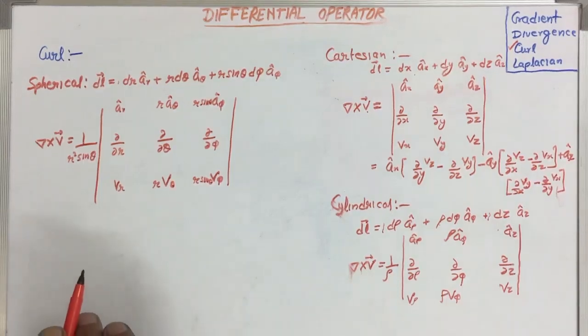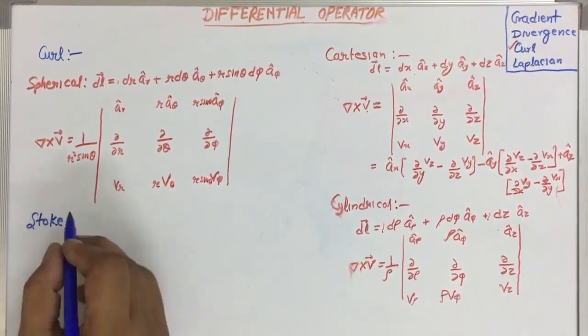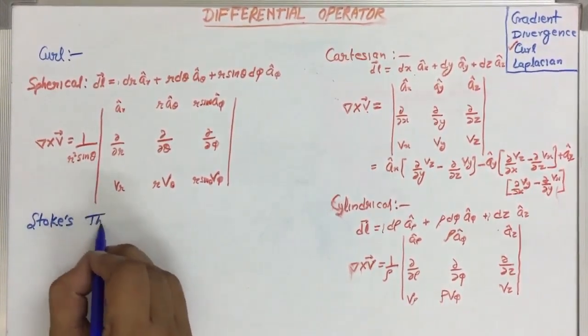Now this is the curl of any vector field V in different coordinate systems. On the basis of the curl, a theorem is defined, that is Stokes theorem.